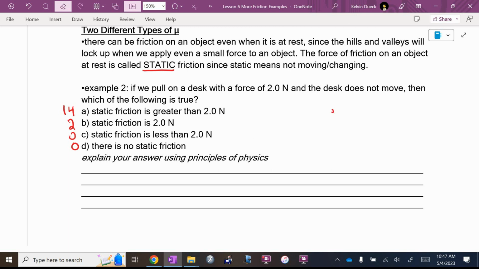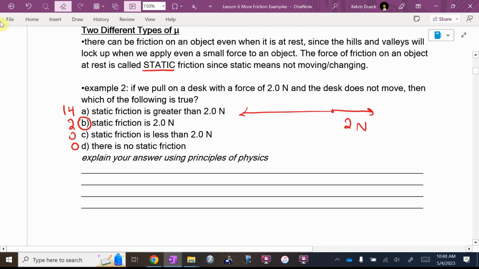So if I pull this way with 2 newtons and you're telling me friction is bigger, which way must that desk accelerate? Did it? What's the correct answer, Maya? Has to be. Which one of Newton's laws did you use for that?